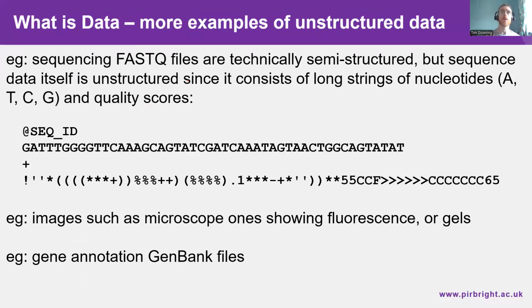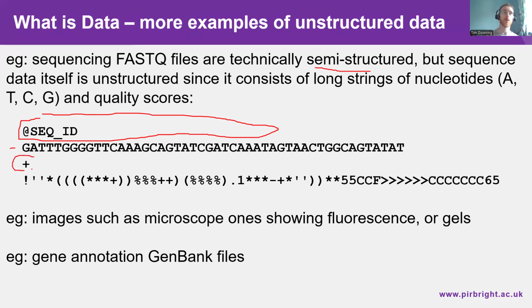So an example of this are FASTQ files that are technically semi-structured, but the formatting within there is very varied. So you typically have a first identifier which may contain more information that's not shown here. So this line might be quite long. Then there's a line containing the sequenced bases. We have a plus on the third line, and then on the fourth line you have the quality scores referring to the bases above.